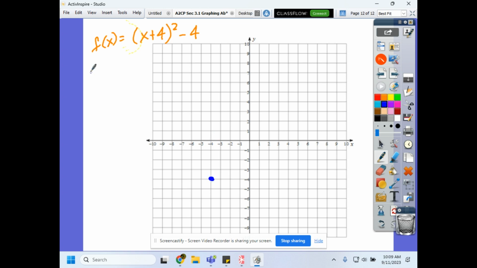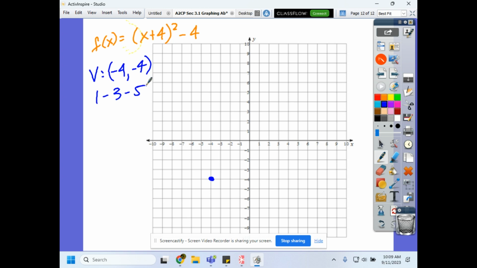So, your vertex here is how much? Kirby, what's the vertex here? Negative 4, negative 4. Audrey, are we going to go up or are we going to go down? Up, because there's no negative outside the parentheses. Okay? So, what's the pattern again? 1, 3, 5 pattern. We're good? Look at the board again for 5 seconds.